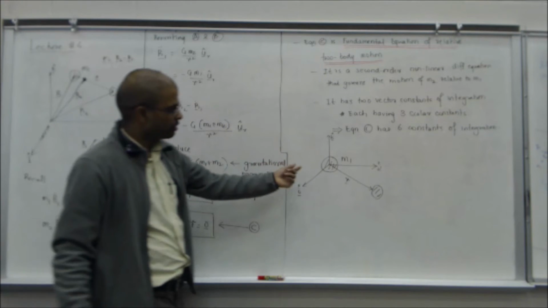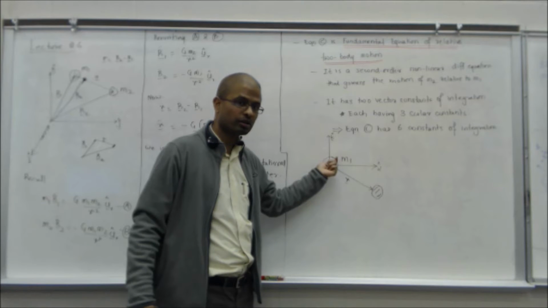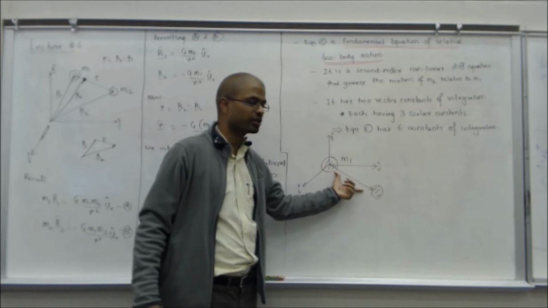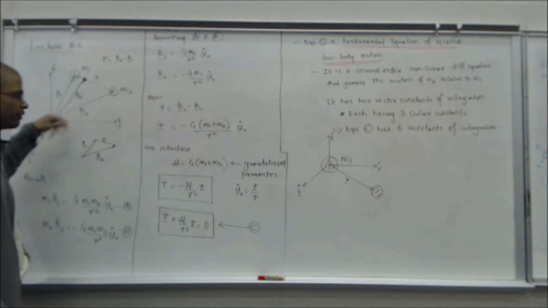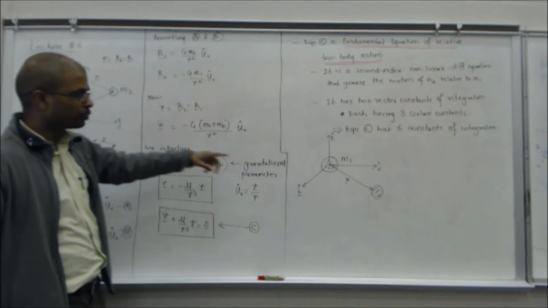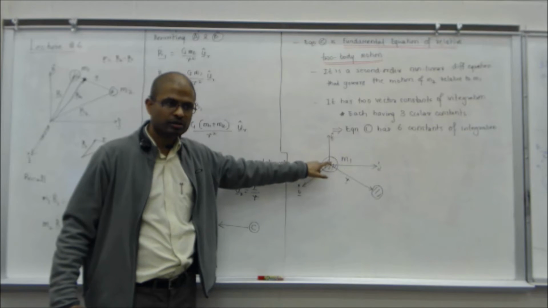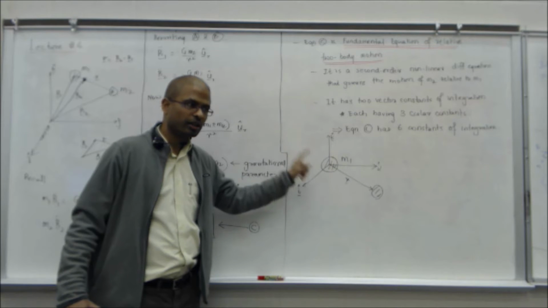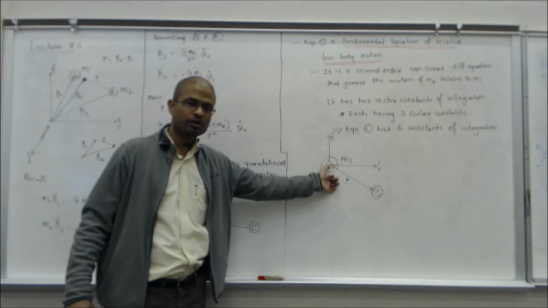So you can say we will use this reference frame which is attached to the bigger mass to measure this R. And this way we get rid of this reference frame as well. We have proved that the center of mass of this system is an inertial point. So the origin of this reference frame is also an inertial point, right?